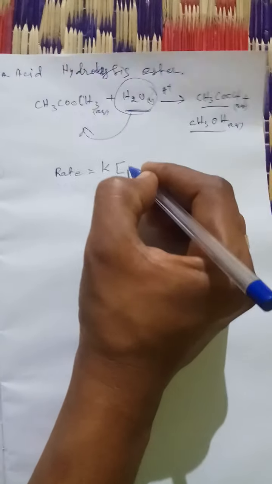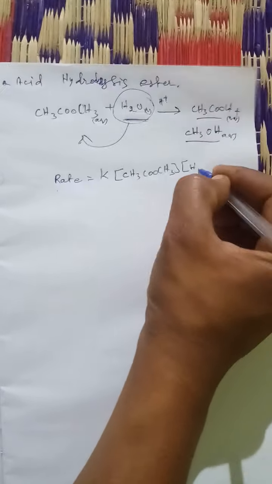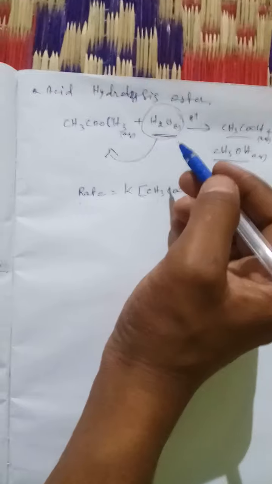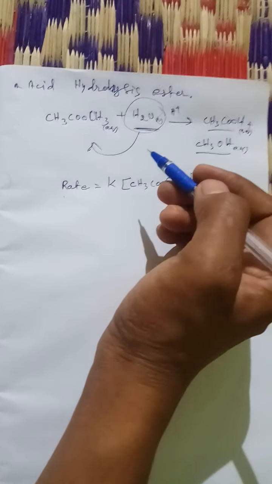So the rate of acid hydrolysis of ester equals K into concentration of methyl acetate CH3COOCH3 into concentration of water molecules. In these reactions the concentration of water is large in excess, so it does not affect the order of the reaction and the concentration of water does not change.